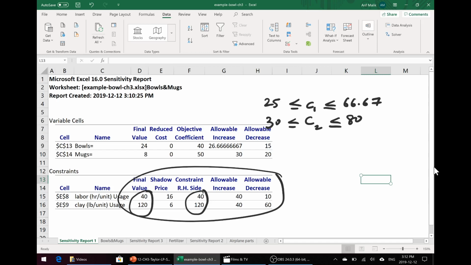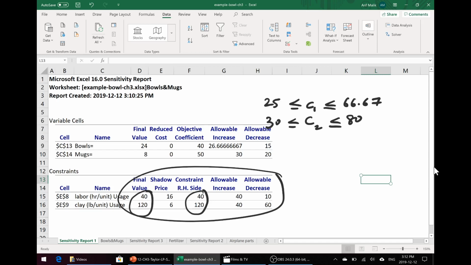When the slack is 0, there will be a shadow price for that resource, a positive value. So the shadow price for the first resource is 16 and for the second resource is 6.